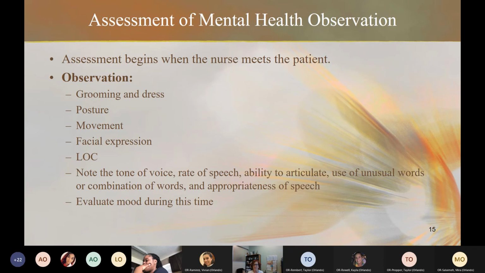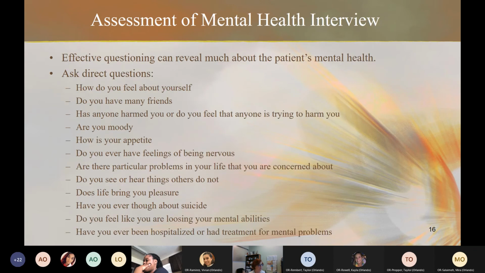Are they complaining? Are they wandering around the room? What is their mood? Are they upbeat? Are they happy? Or do they appear to be happy? So be sure your observation skills are so important for mental health assessments.